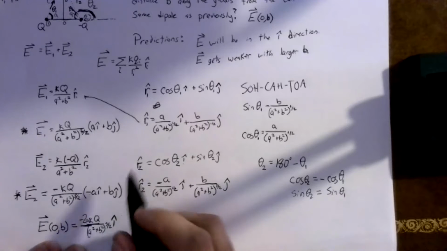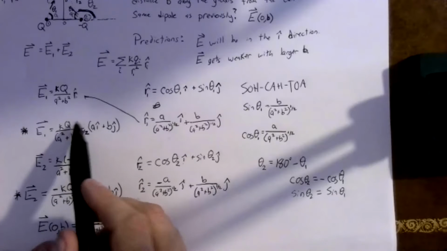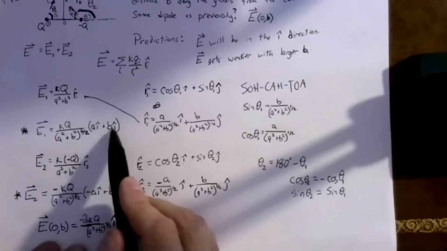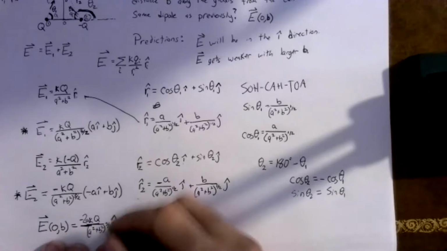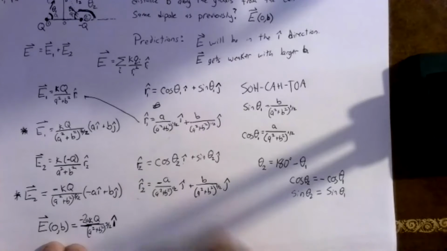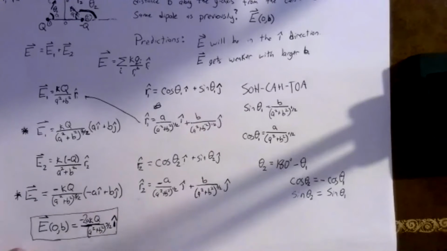And for the J hats, we have our coefficient times B J hat, and then minus our coefficient times B J hat. So the J hats cancel out. All right, so this would be our electric field at that point.